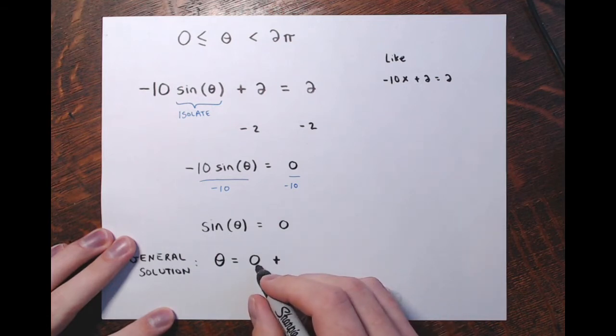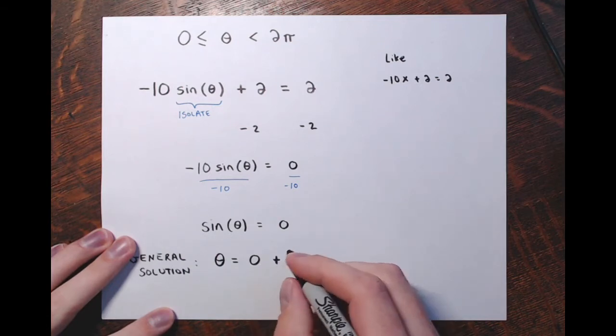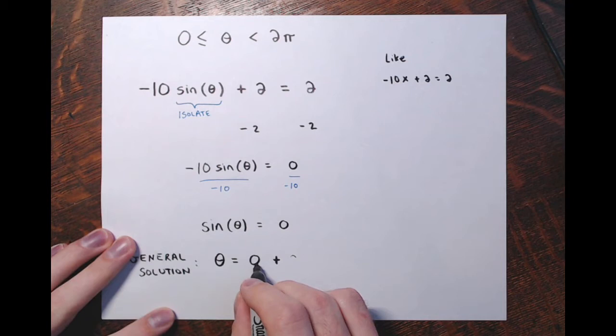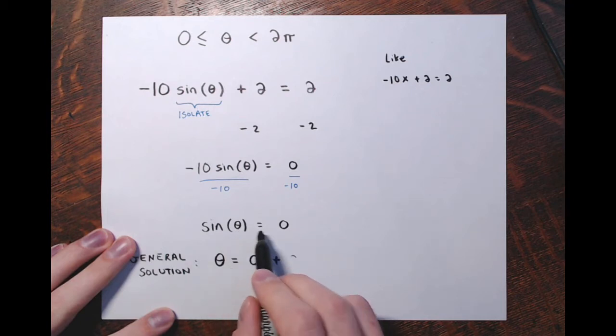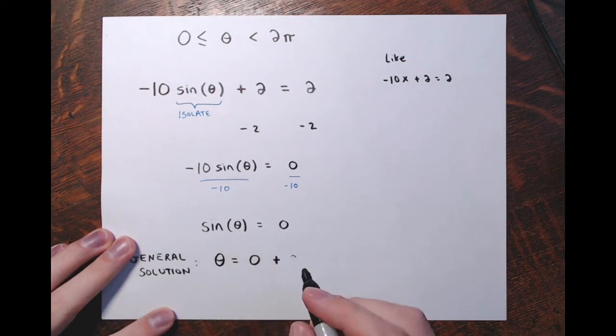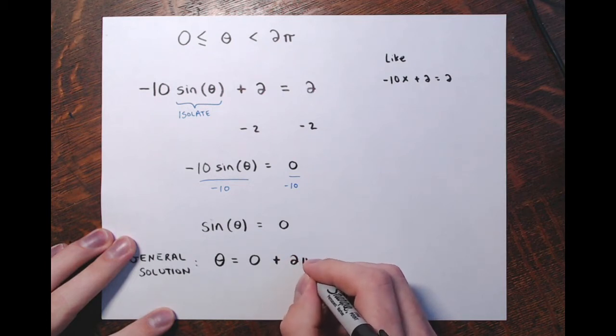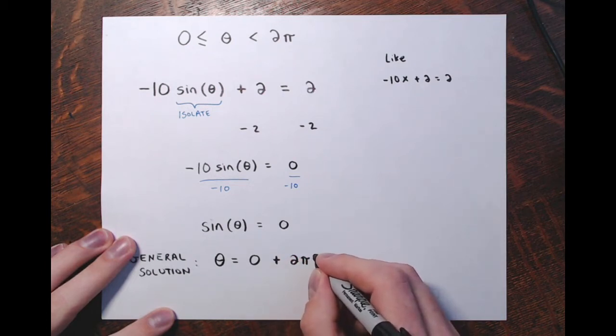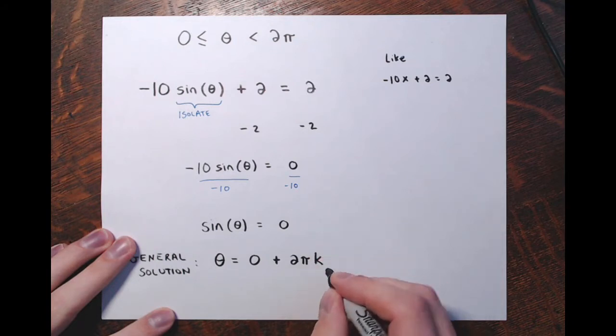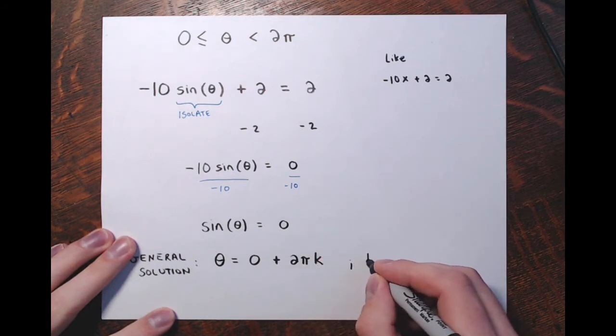So something you'll see very often is, you find one angle that has a sine of whatever, a sine of 0 in this case, and then you just add on 2 times pi times, say, k, where k is an integer.